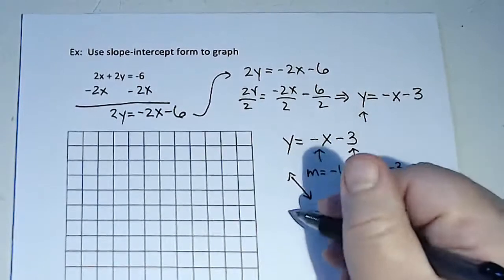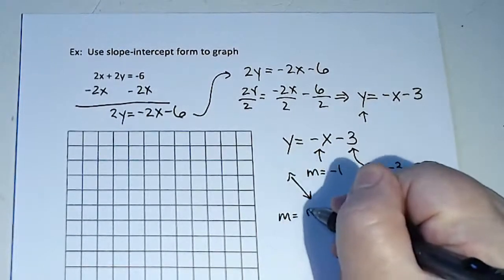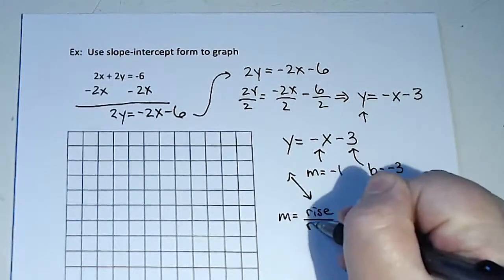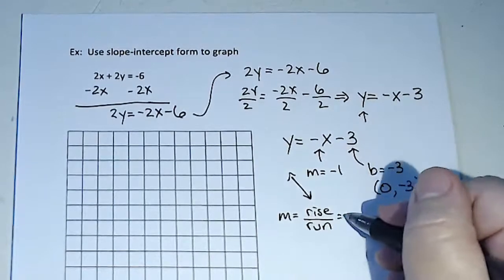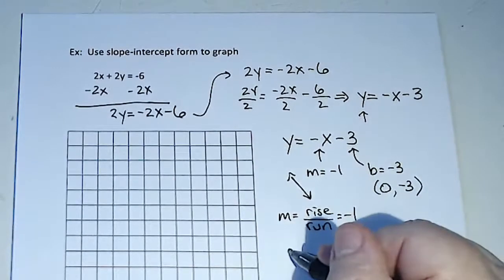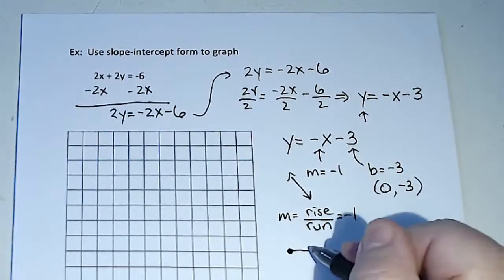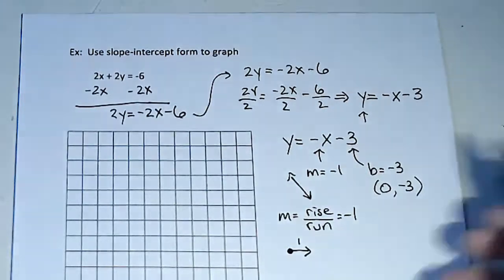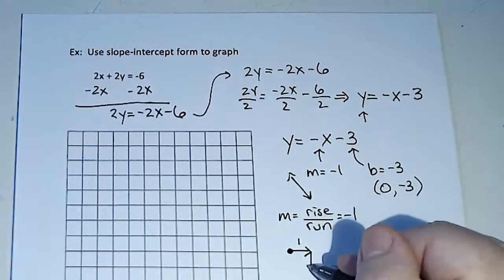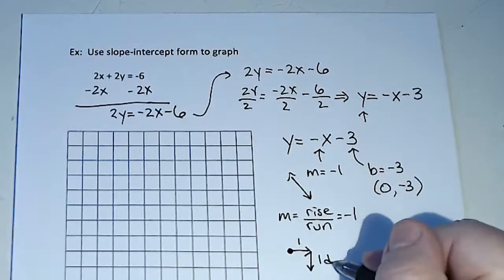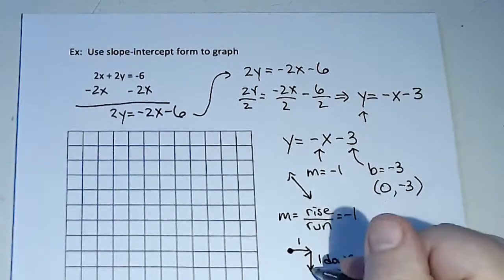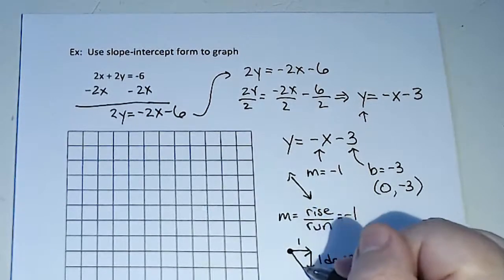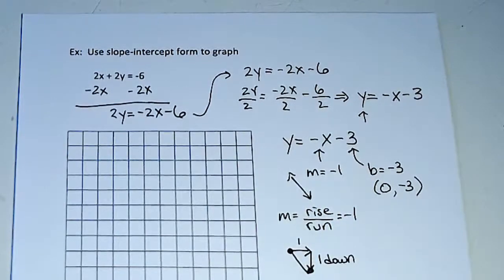And I'll remind you that the slope is rise over run. And so negative 1 tells me that if I move over 1 in the x direction, I move 1 down in the y direction because it's negative. If it were positive, I'd go up and I get a new point.